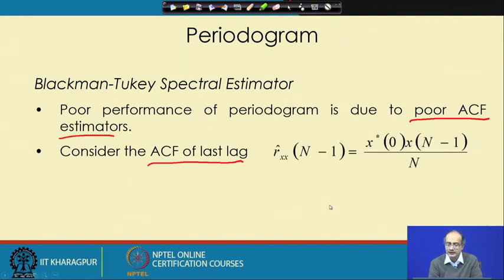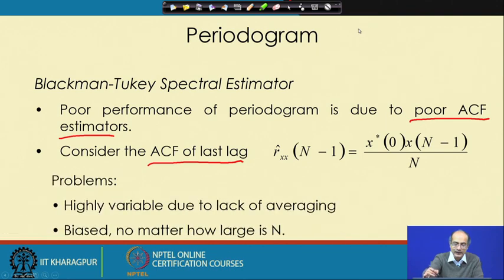For that, what do we get? We get the estimated value x star 0 into x n minus 1 by n. Now, what is so special about it? Here we do not have any averaging.